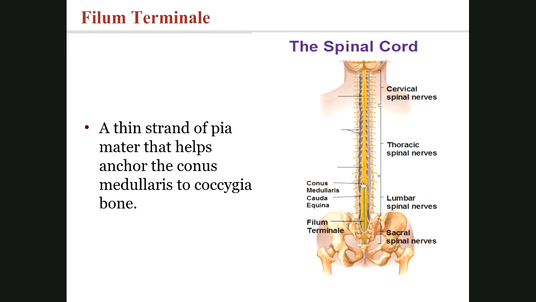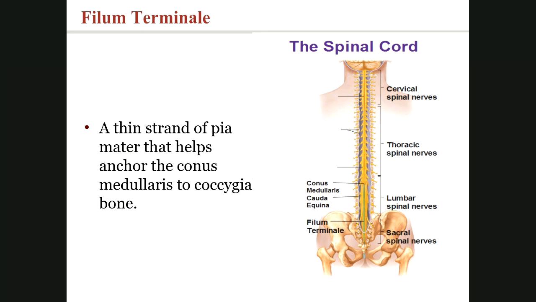This pia mater starts from conus medullaris and attaches to coccygeal bone or caudal bone. And from this part, our spinal cord becomes fixed in its own place in our vertebral column. So it cannot tangle in our vertebral column.